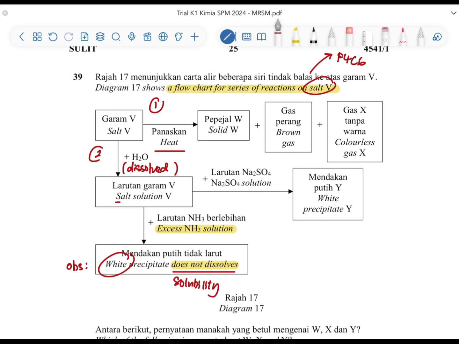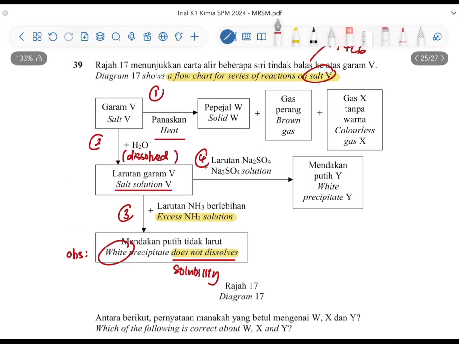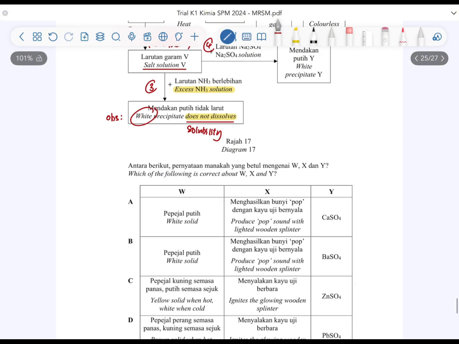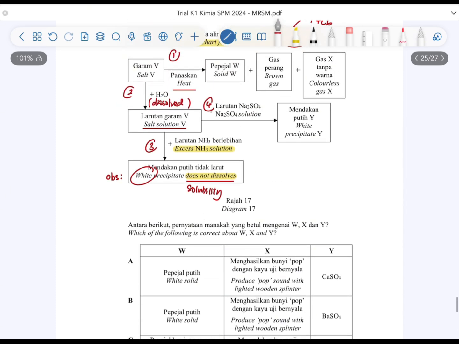After that, this salt solution V will react with another solution, sodium sulfate, and then we will get the white precipitate Y. So this is the overall idea of the flow chart. Let's see what is correct. We are going to find out the correct pair for W, X, and Y.